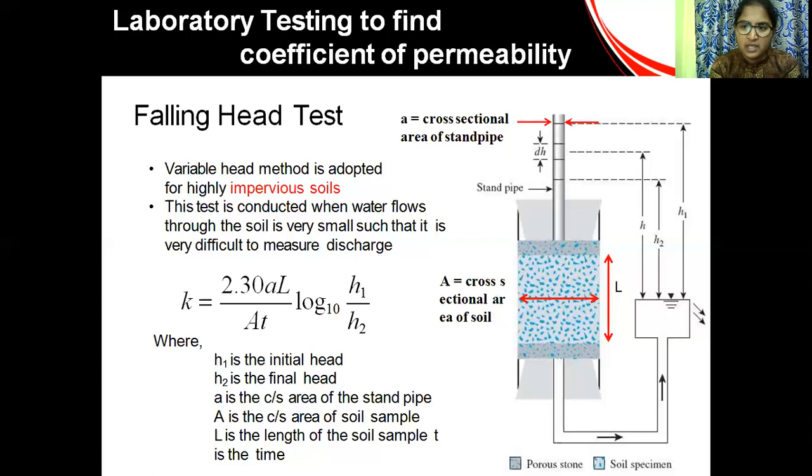After that, the soil particles are already filled by water, so there is no space between the particles, and water flows directly through the soil particles. So that is equal to permeability. Observations are started after the steady state of flow has been reached.